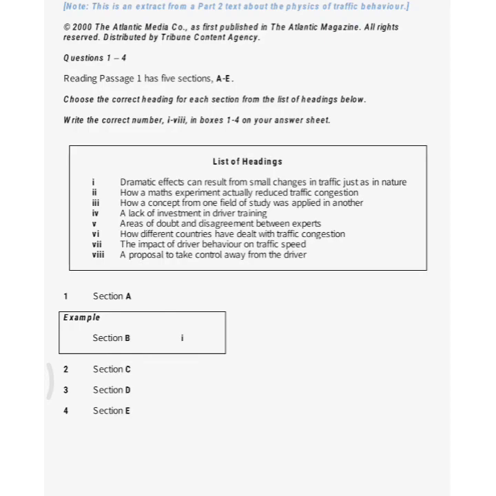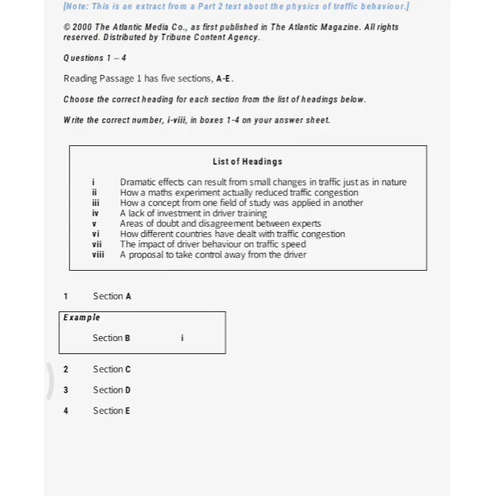First says, dramatic effect can result from small changes in traffic just as in nature. So they are telling something that is already been given in the B part, that the dramatic effects can result from small changes in traffic, like simultaneously. As in nature means simultaneously it happens. It's like in nature that simultaneously this situation has arisen, and dramatically it affects the result in traffic.